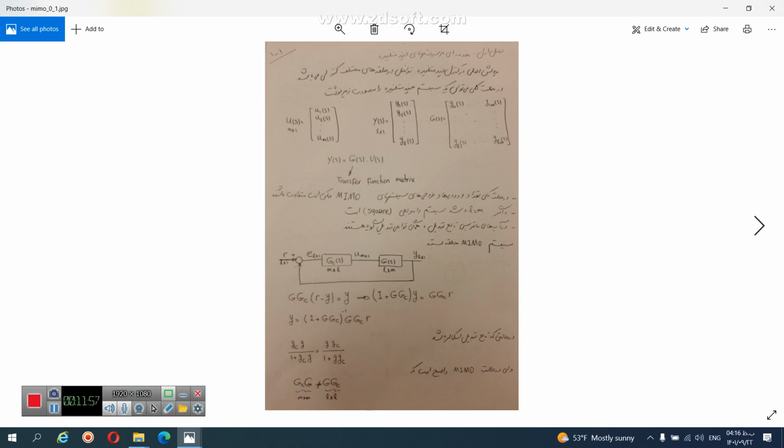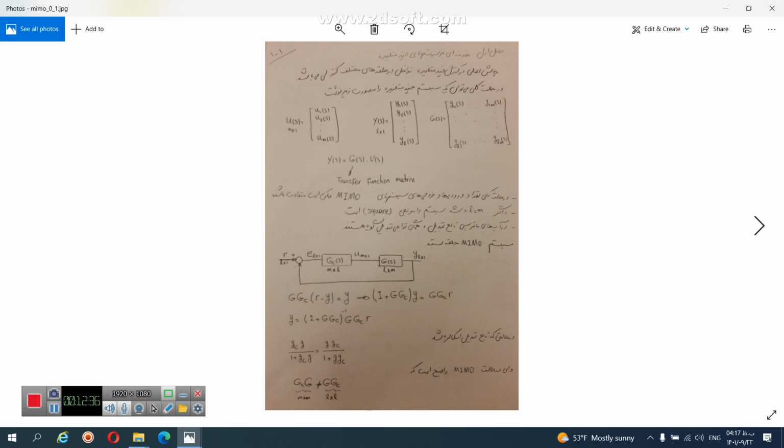Okay? Let me change the structure. And what about the closed loop of this system?